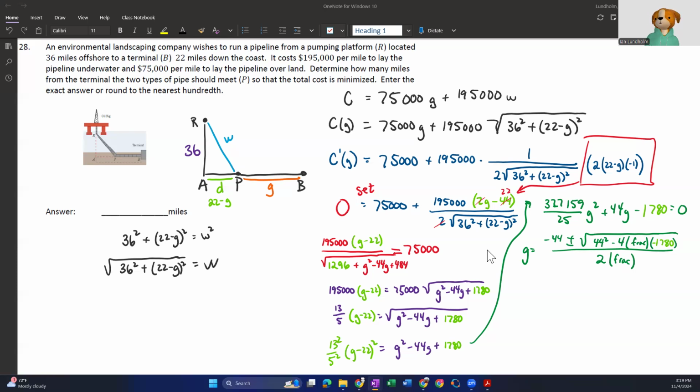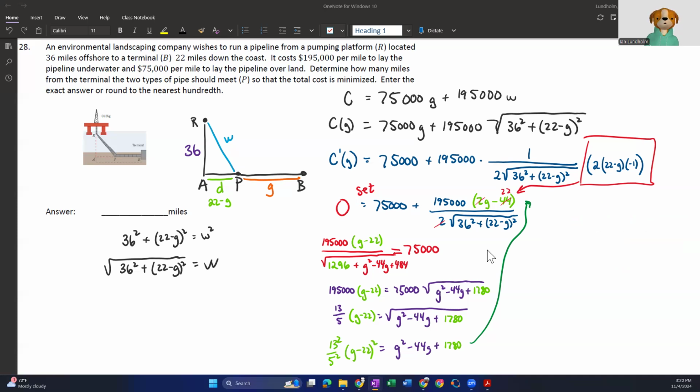All right. Let's erase all of this nonsense and we'll just keep going. Let's see what we can do now. Okay, 13 squared.